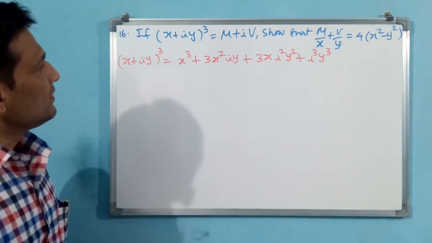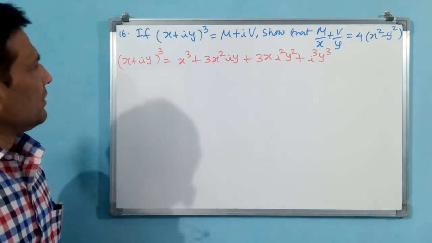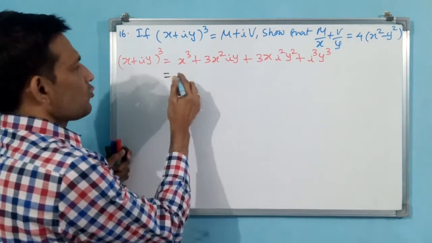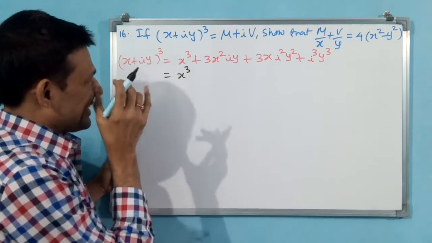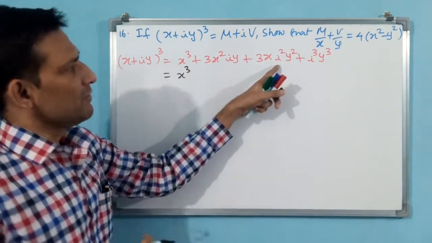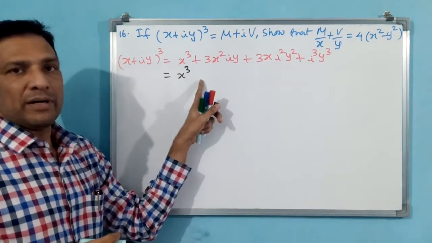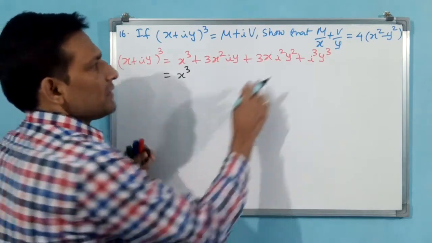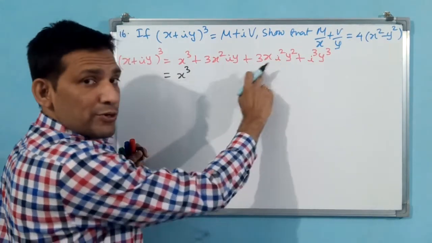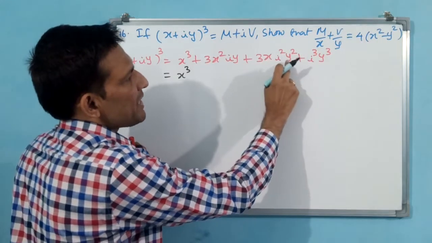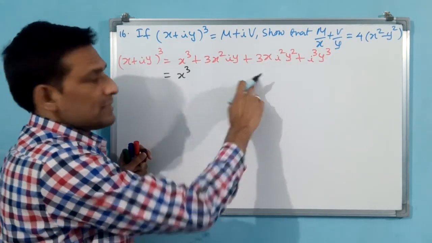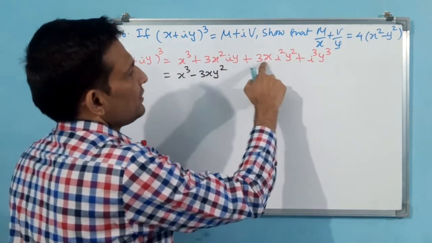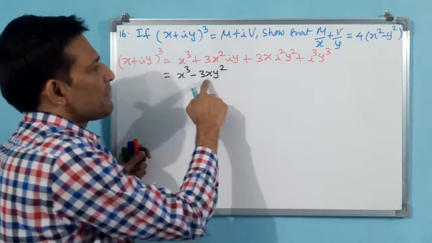Now let us write the remaining. x cube will be x cube only. See what will come for the real part. Because i square is always going to come for the real part, you have to keep that in your mind. i square value is minus 1. That means this entire term gets multiplied by minus 1, so 3xy square is going to become negative, that means minus 3xy square.